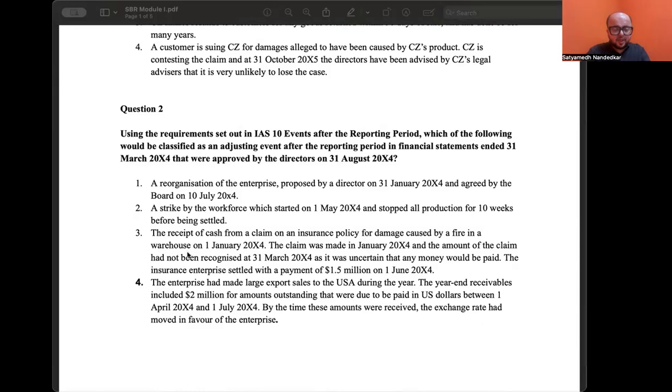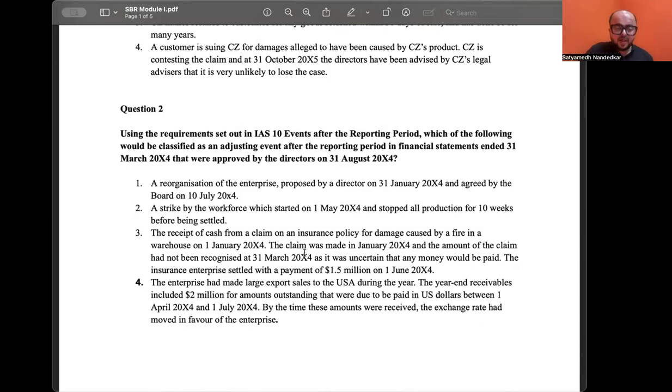Look at option number 3. The receipt of cash from a claim on an insurance policy for damage caused by a fire in a warehouse on 1st of Jan 2004. 31st of March is the reporting date. Fire occurred on 1st of Jan, so that means it happened before the reporting date. The claim was made in Jan 2004 and the amount of the claim had not been recognized at 31st of March 2004 as it was uncertain.